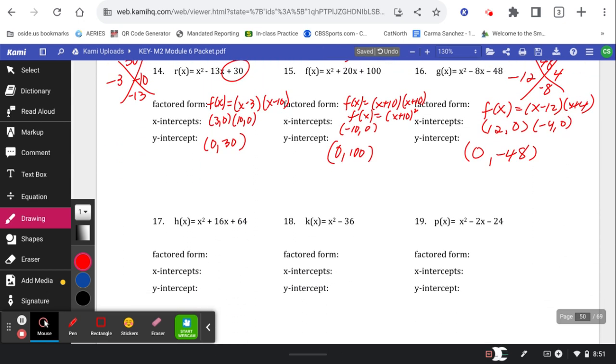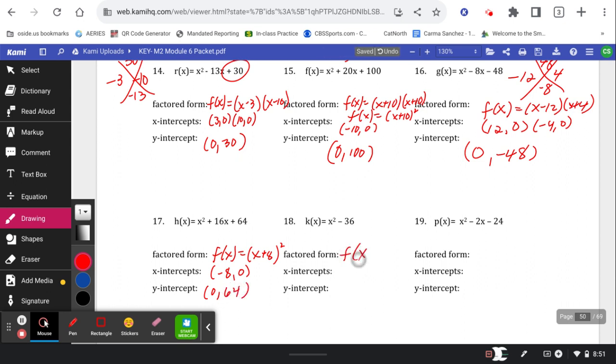Next, what times what is 64? 8 and 8. This is another perfect square where you can shorten the two same factors to x plus 8 squared. Means we only have one x-intercept at negative 8, 0, the vertex, and the y-intercept is going to be at 0, comma, positive 64.